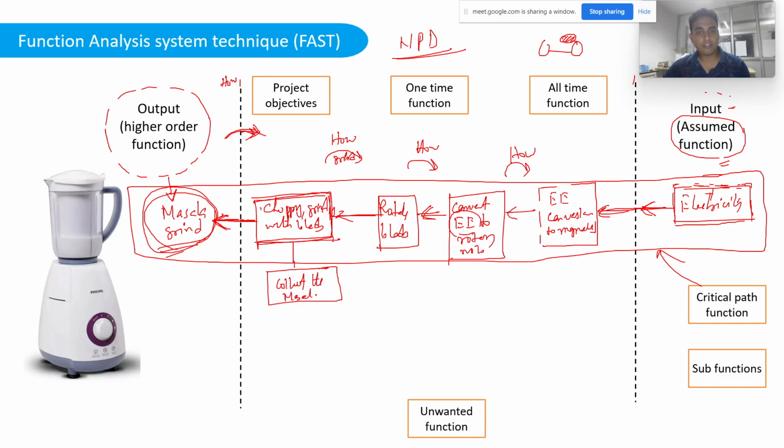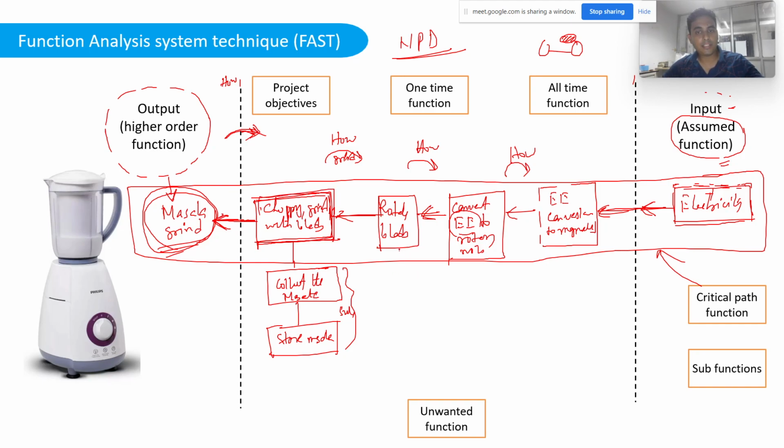If you are collecting masala, that means it should store masala. So these are the sub functions of these critical path functions.